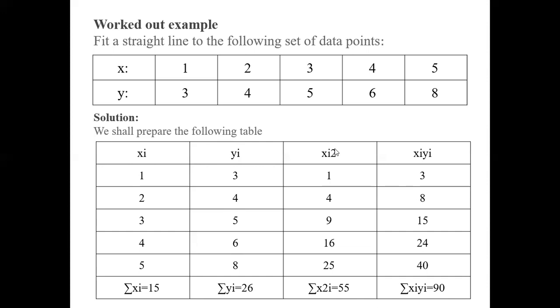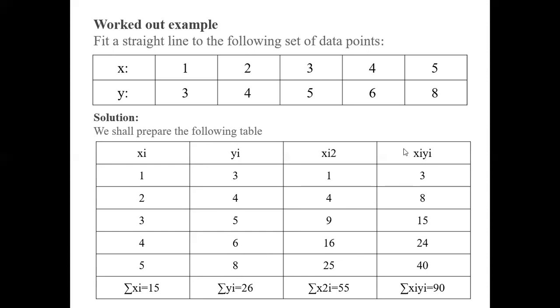Take the value of xi square: 1, 4, 9, 16, and 25. The summation is 1 plus 4 is 5, plus 9 is 14, plus 16 is 30, plus 25 is 55.